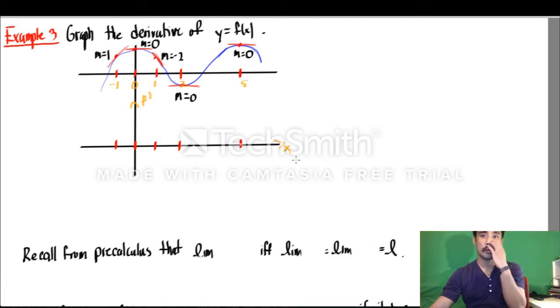When x is -1, it looks like the derivative is 1. So at this endpoint, the derivative will start at 1. The derivative decreases to 0 at x equals 0, so it'll hit that point there. And when x is 1, the derivative is -2, so it continues to decrease.